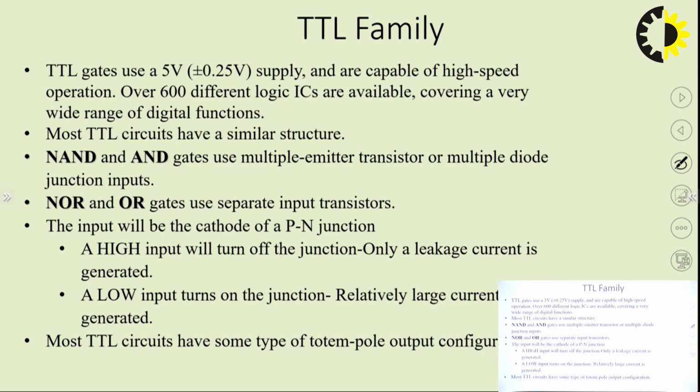Most TTL circuits have a totem pole output configuration. In a totem pole there are two transistors connected with a diode. Due to this diode, only one transistor will work at a time, right?